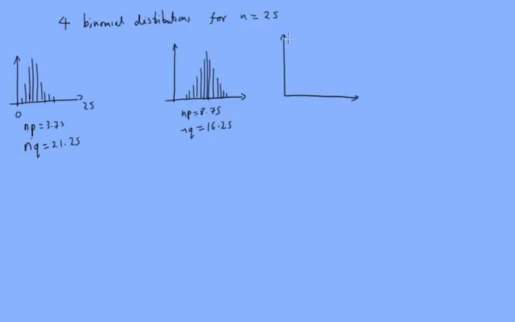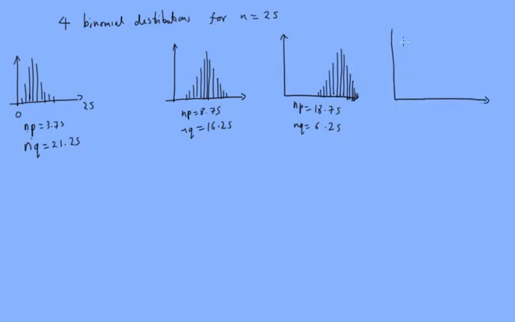Now we're going to look at the situation when np is 18.75 and nq is 6.25. And again, we've got something that looks quite like a normal curve.